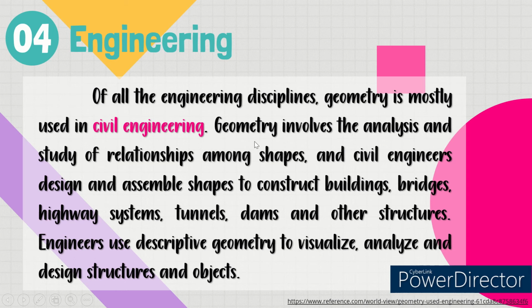Geometry involves the analysis and study of relationships among shapes, and civil engineers design and assemble shapes to construct buildings, bridges, highway systems, tunnels, dams, and other structures. Engineers use descriptive geometry to visualize, analyze, and design structures and objects.